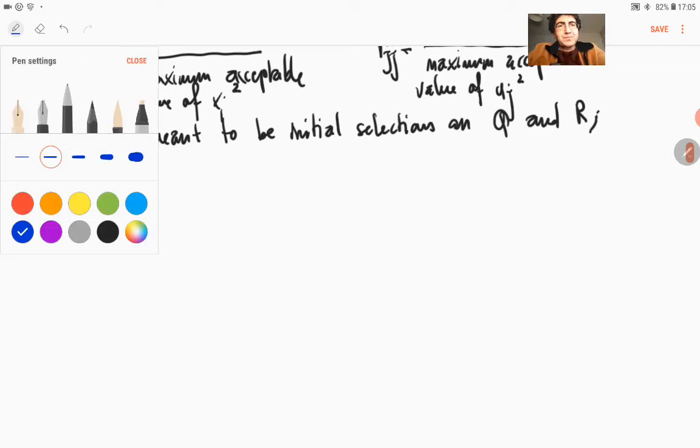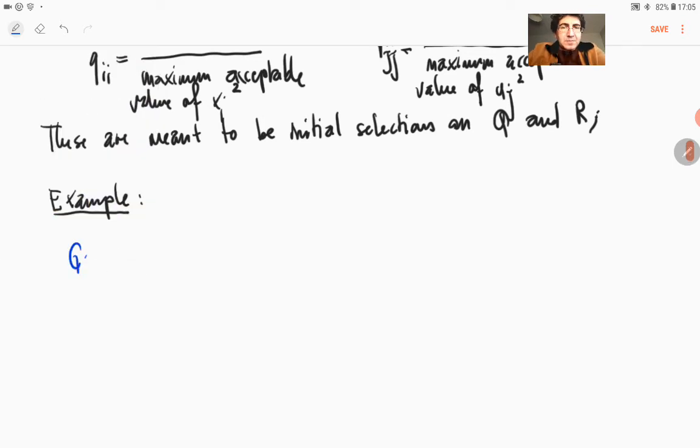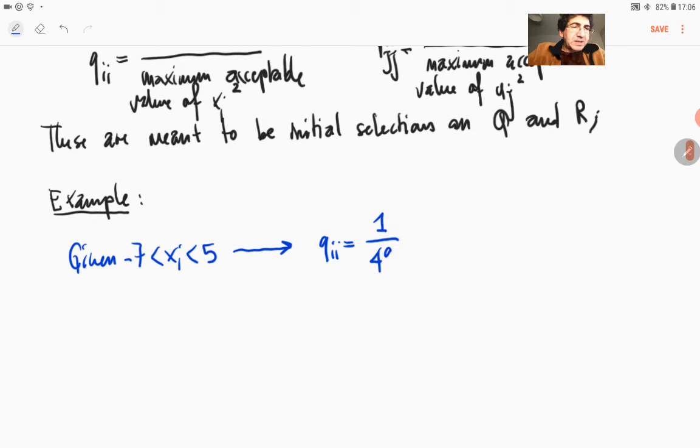So let's say that we are given that a state is allowed to be within -7 and 5. So we are given some limits on what the state can be. So if we want to have the optimization suppress x_i to within those limits, we would set q_ii to be simply 1 over the square of -7, which is 1/49.